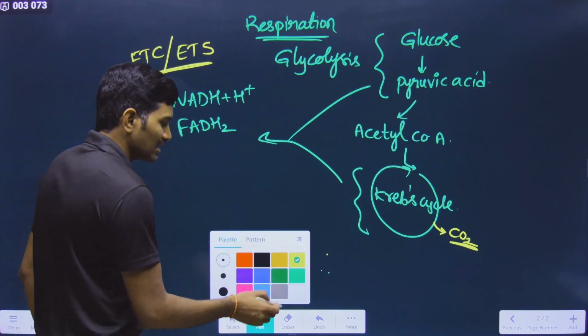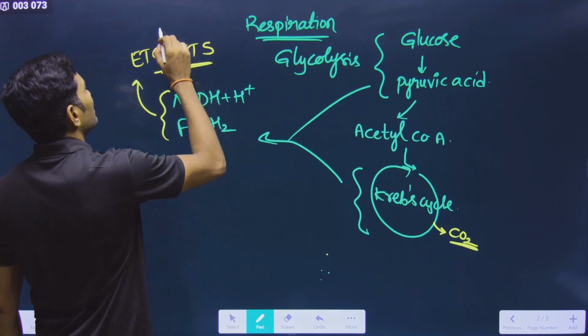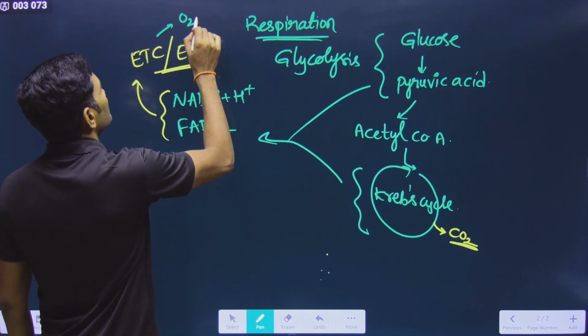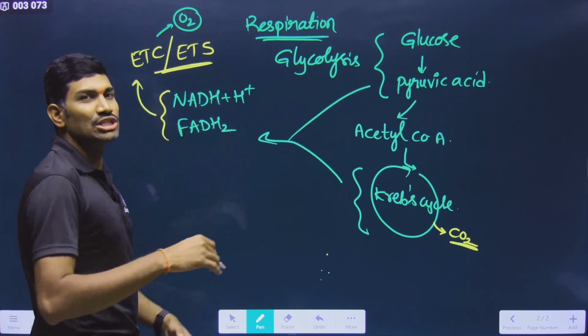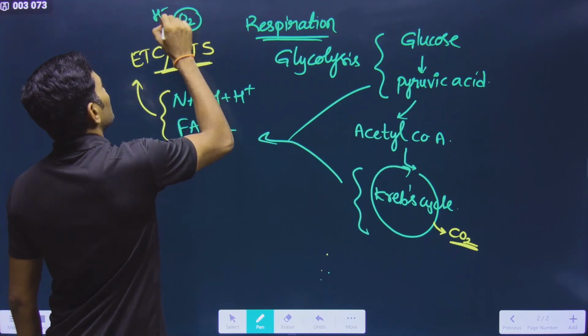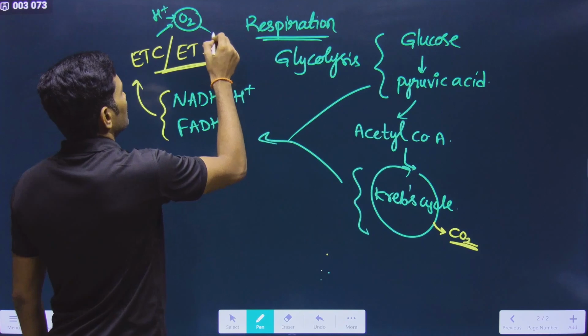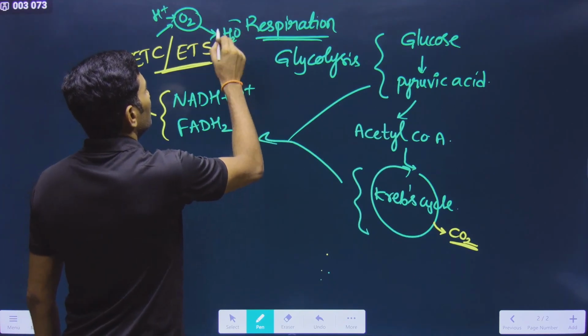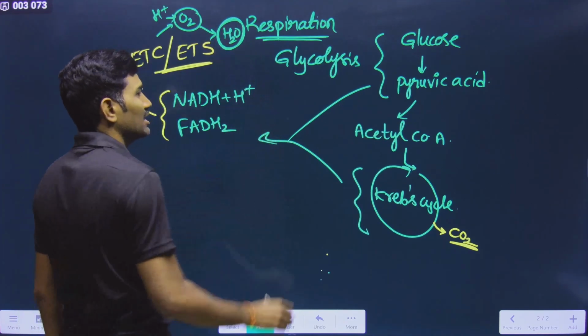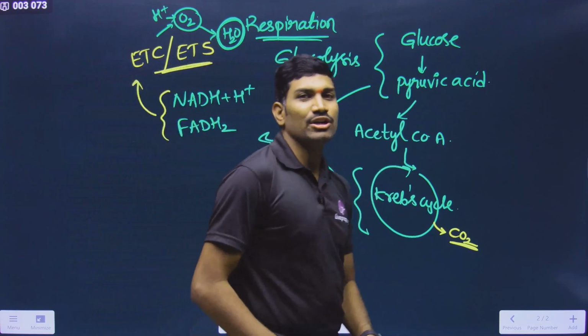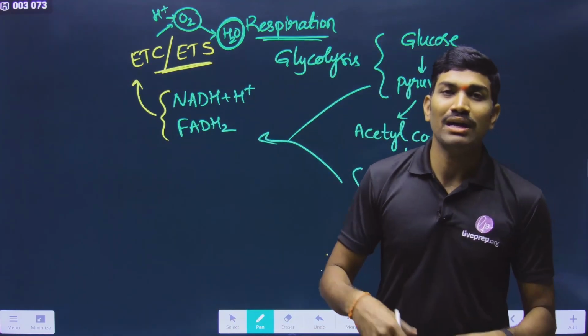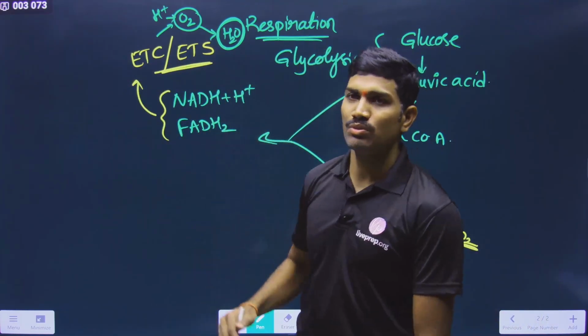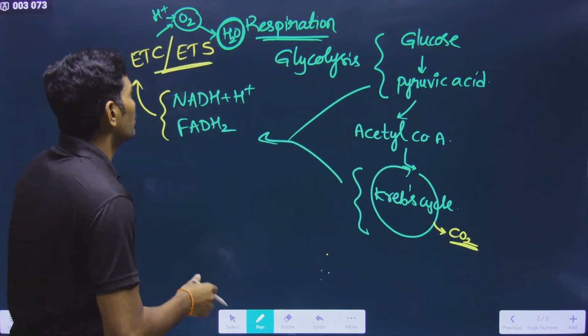In this system, what is the ultimate thing happening? Oxygen is used so that H plus ions and oxygen combine and ultimately form metabolic water. This water formed inside the body due to this reaction is called metabolic water.